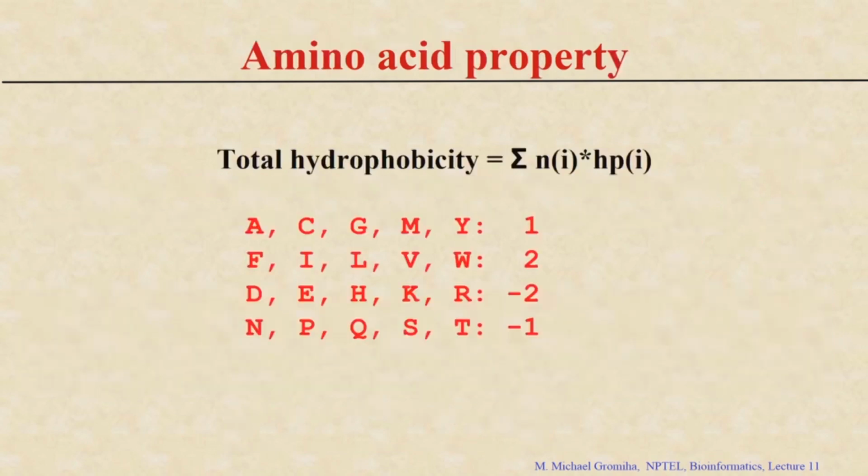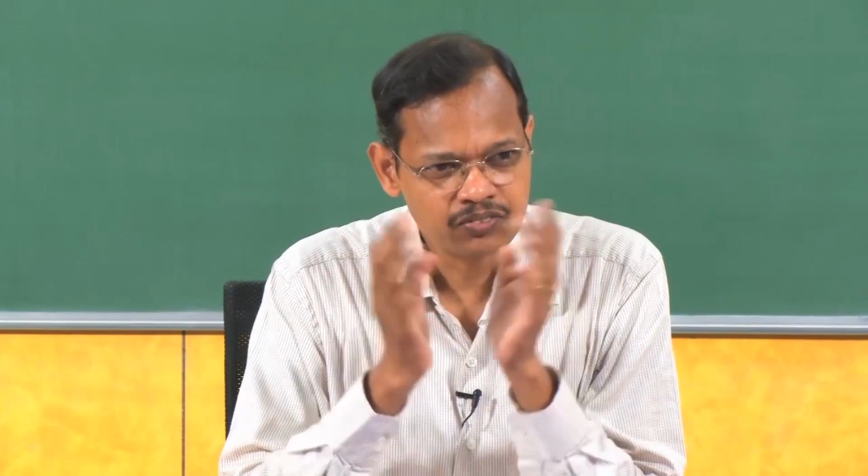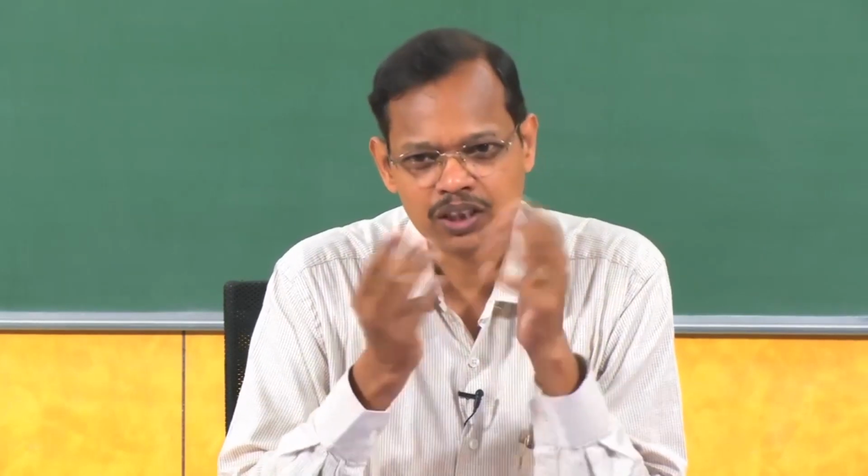Now, you can calculate the average properties. We just got the composition, the occurrence and the molecular weight. The occurrence influences various properties. For example, if you have a larger number of charged residues like aspartic acid, glutamic acid, lysine or arginine, you can say the protein is highly charged, whether acidic or basic.